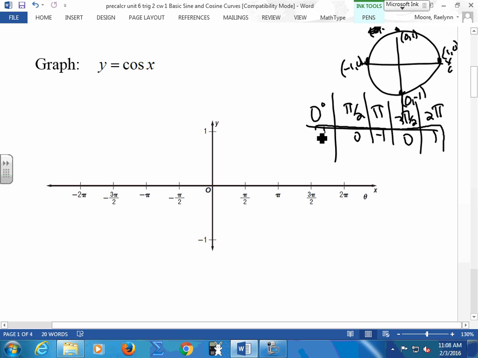This is my pattern that I'm going to use whenever I make my cosine. I've got to go through 4 quadrants to make a complete cycle again. So my normal cycle says from 0 to 2 pi, 4 quadrants, and we're going to use 1, 0, -1, 0, 1.